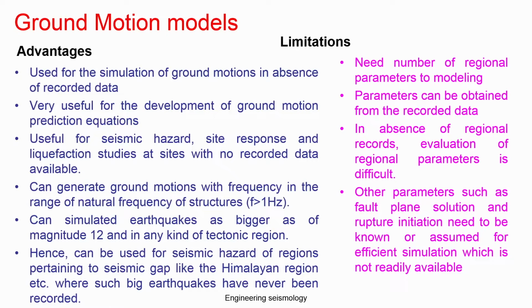It can simulate earthquakes as big as magnitude 12 in any kind of tectonic region. As we have seen, the maximum reported magnitude in the world so far was 9.7. So, if you want to go to a higher magnitude, only simulation is possible. Hence it can be used for seismic hazard regions, for designing very important structures, and for simulation of earthquakes in seismic gaps or expected areas of earthquakes.